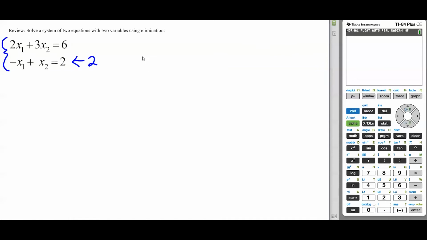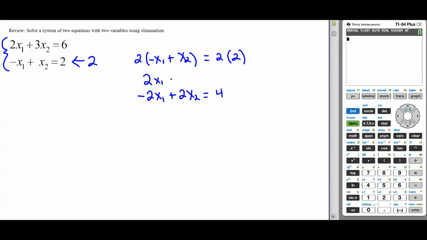So I'm going to multiply 2 times both sides of the second equation, and I get negative 2x1 plus 2x2 equals 4. And I'm going to write down the first equation on top of that.